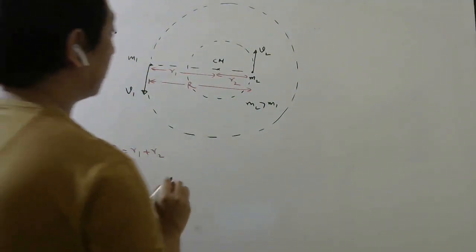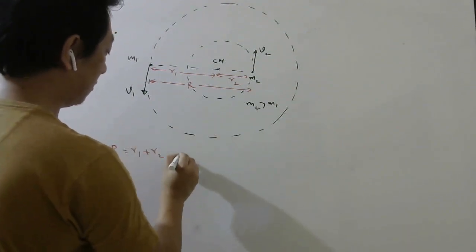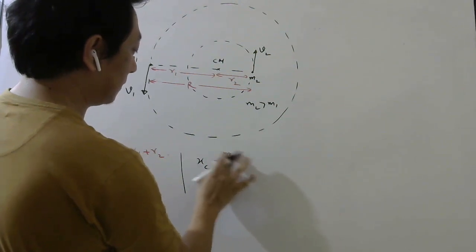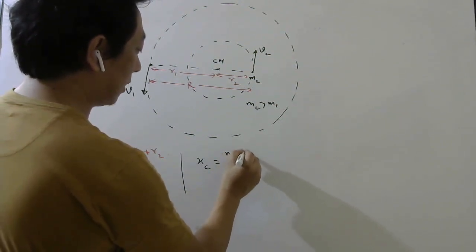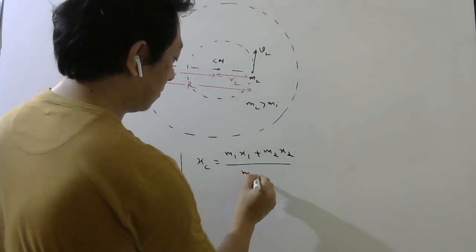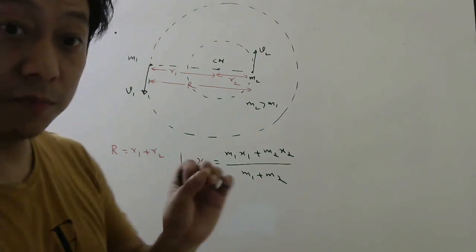Now listen carefully. Let us find the location of the center of mass first. For that we will use the formula xc equals (m1 x1 plus m2 x2) by (m1 plus m2). This is the coordinate of the center of mass from the origin.